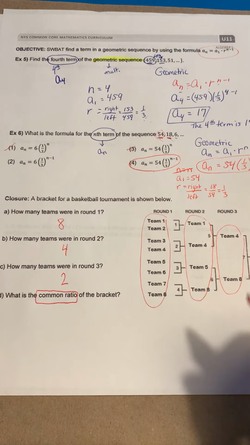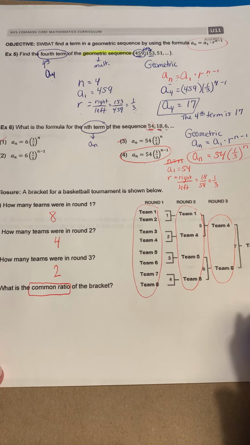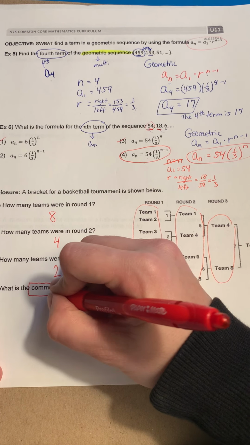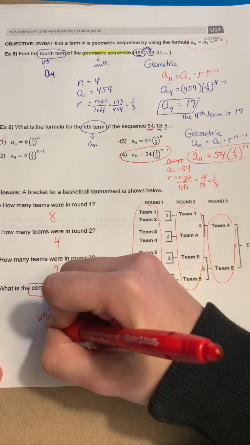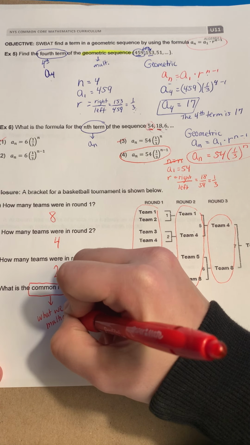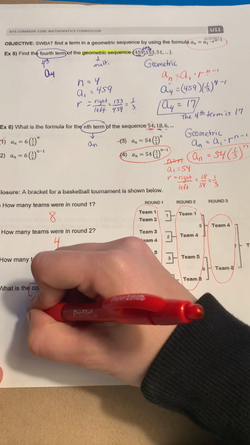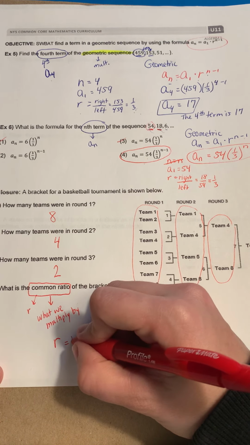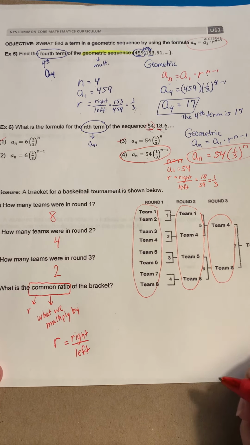So you're going to have to know the difference between a common difference and a common ratio. Today we talked about common ratios. Common ratio is what we are multiplying by. It's our r value. Okay, we did that before. We did right over left.